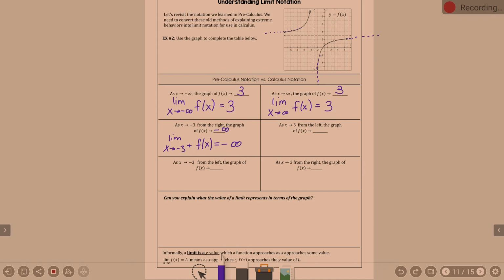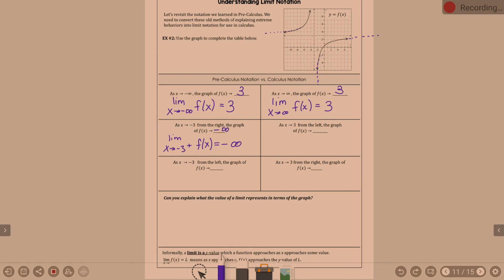As x approaches 3 from the left, read carefully there, the graph of f of x approaches what? Where is 3? 3 is over here, yes?